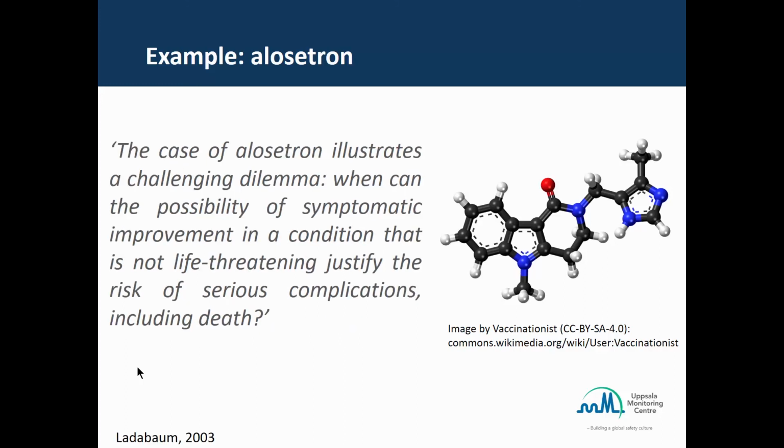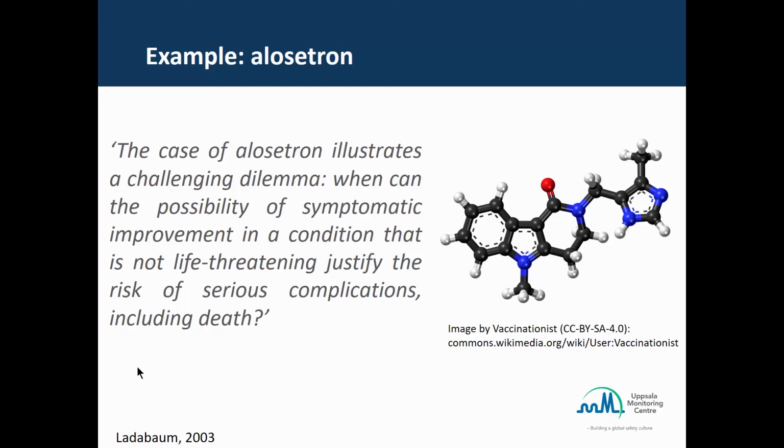And the issue is further complicated by the fact that alosetron is not terribly effective compared to conventional treatments. Roughly speaking, the clinical trials suggested that a little over 40% of the patients on alosetron got well, compared to a little less than 30% of those on conventional treatment. So it's not a huge difference.